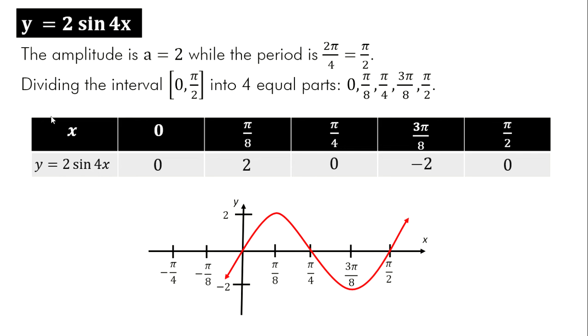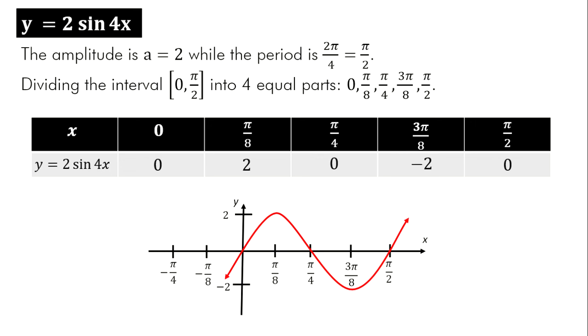If we graph this, we'll have 0 comma 0, pi over 8 comma 2, pi over 4 comma 0, 3 pi over 8 comma negative 2, and then pi over 2 comma 0. After you plot them, all you need to do is to extend them, and then you're going to see the sketch of the graph of y equals 2 sine 4x. Then you can extend both sides with the same behavior from 0 to pi over 2.